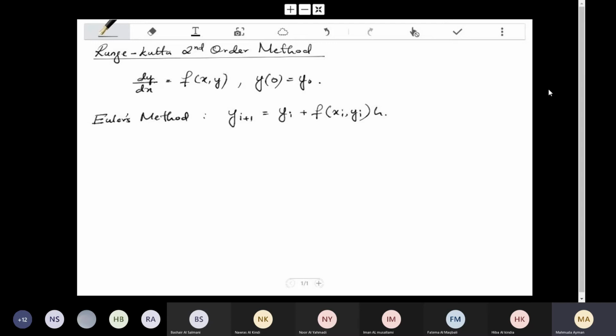I hope you remember what the Taylor series is, and the Taylor series for a point at x i plus 1 looks like this one here.